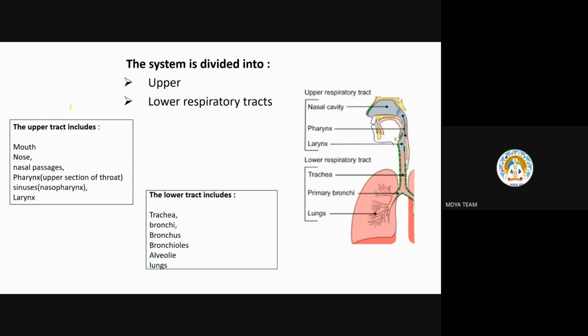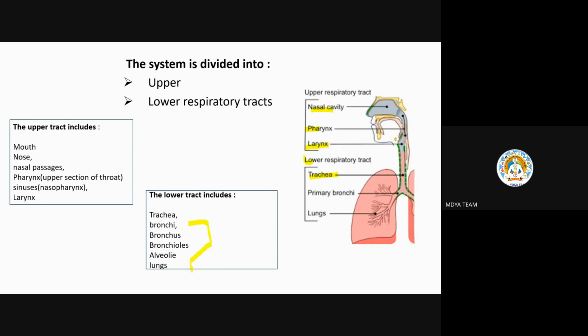Then the larynx. Make sure that in some books it is written that the larynx is involved in the upper respiratory tract, and in some places it is said to be in the lower respiratory tract. There is no problem, because it is the last part, like a merging or middle part, so they put it sometimes in the upper part and sometimes in the lower part. But usually we say that the upper respiratory tract has the nasal cavity, pharynx, larynx. And then in the lower respiratory tract we have the trachea, bronchi, bronchus, bronchioles.